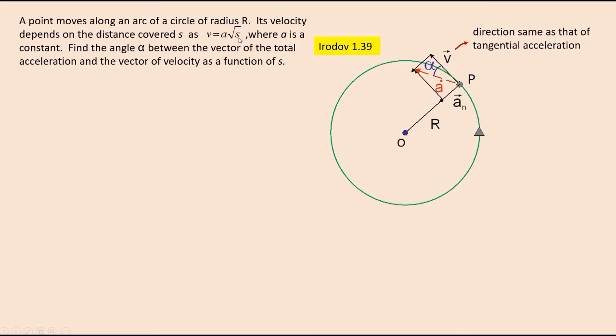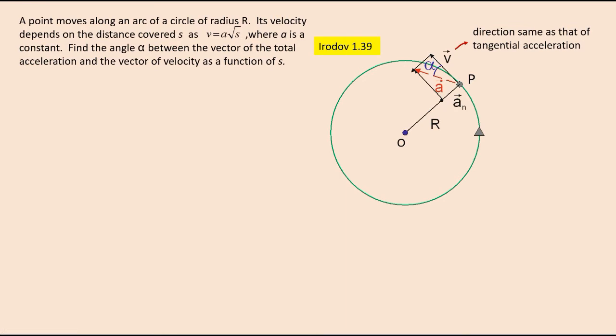As time passes on, s will increase, so v will increase. At some instant of time, let v be the tangential velocity, and there is also an acceleration because it is going in the circular track. That normal acceleration is represented as this vector an. Tangential velocity is represented here.